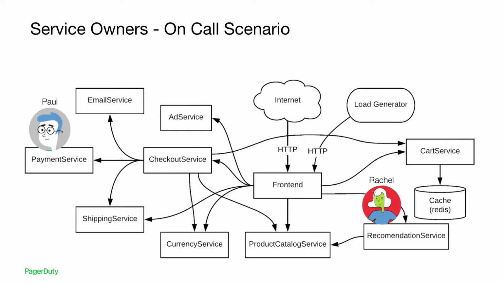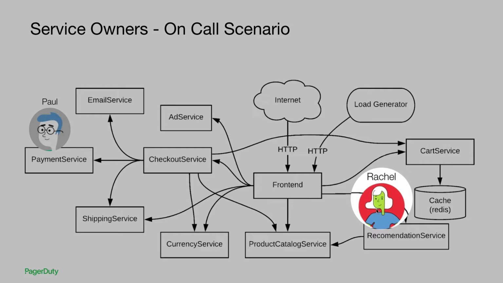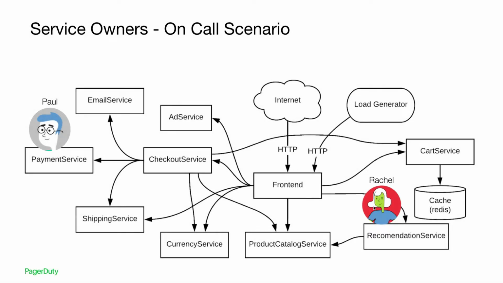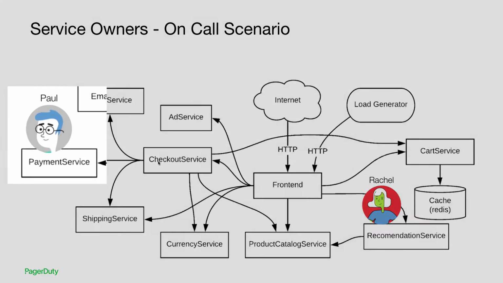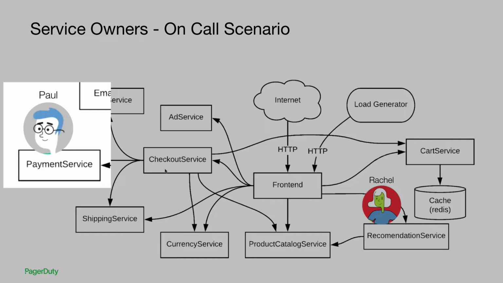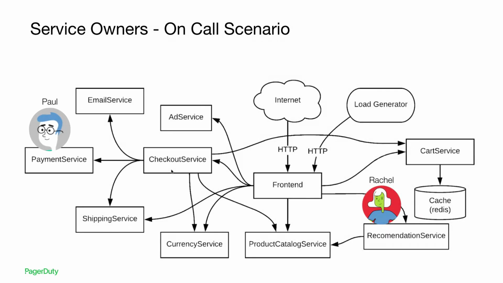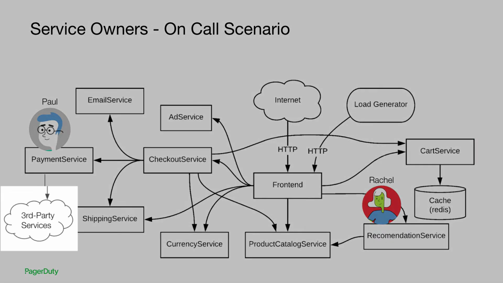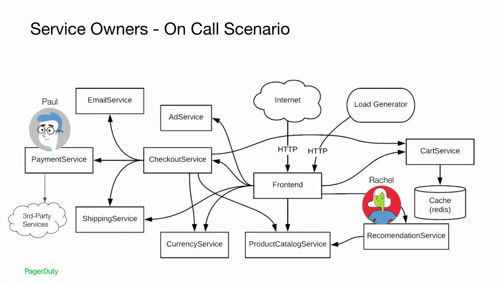So let's look at an example of a scenario where Rachel, who owns the recommendation service, is the first responder when an incident occurs with the payment service that will impact the checkout service. And we'll see that this payment service depends on some third-party APIs, and this dependency is less familiar to Rachel.